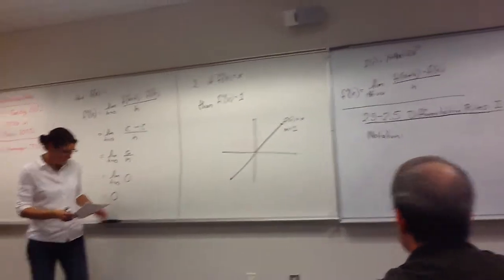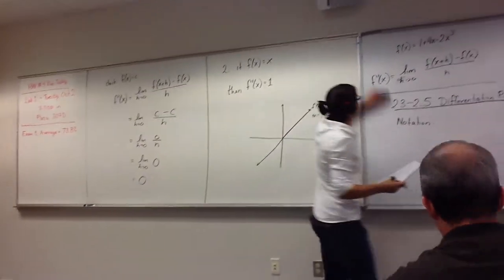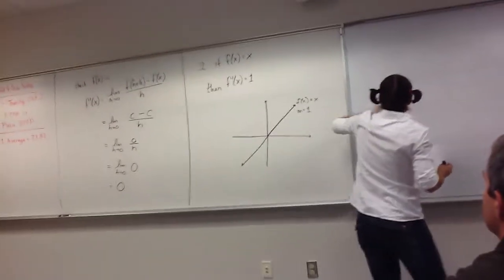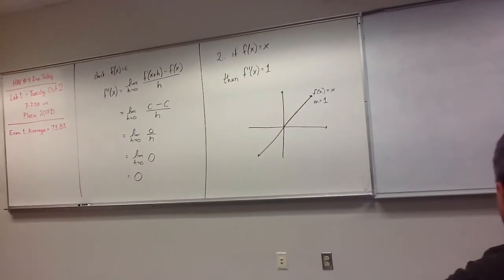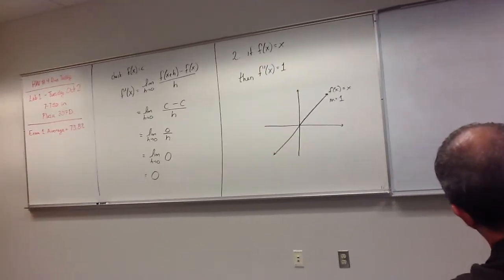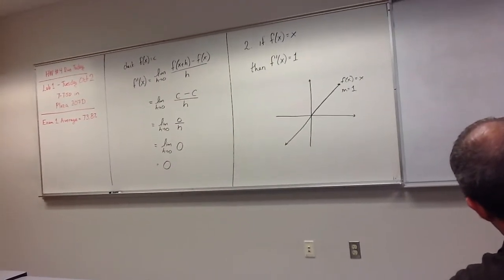All right. We're going to check this one using our limit definition as well. We're not going to do this for all the rules, but we are for a few of them. All right, so we'll box this guy off.